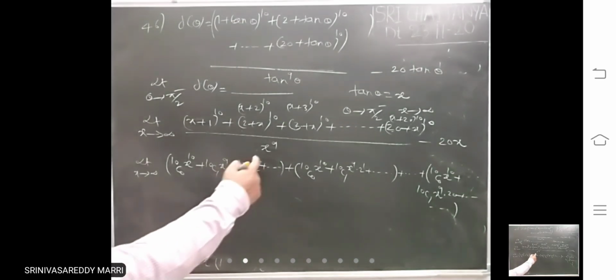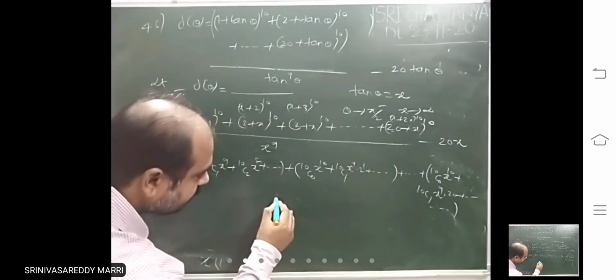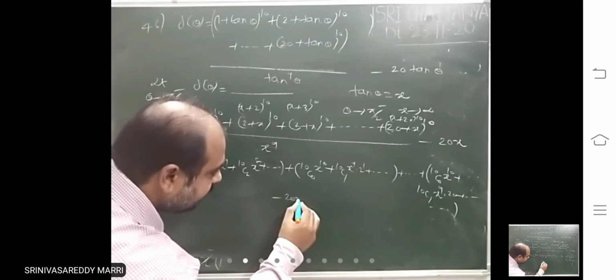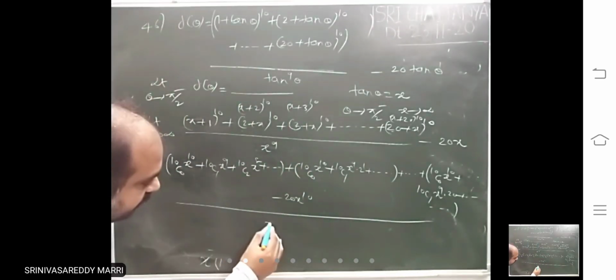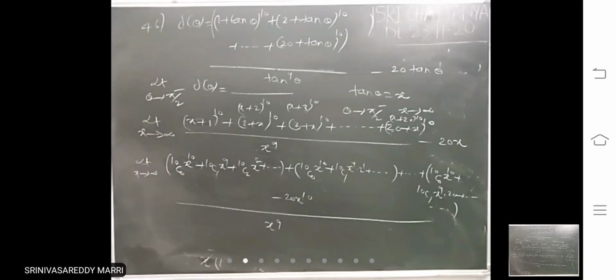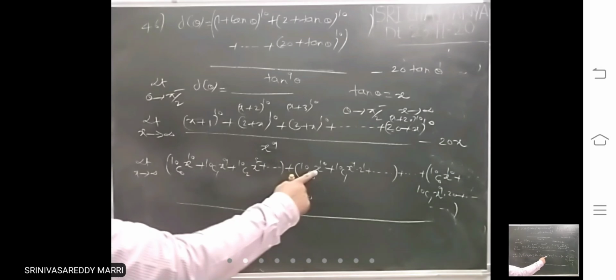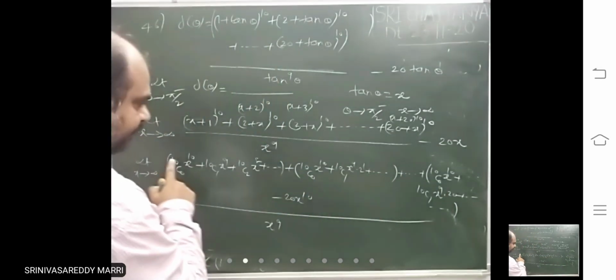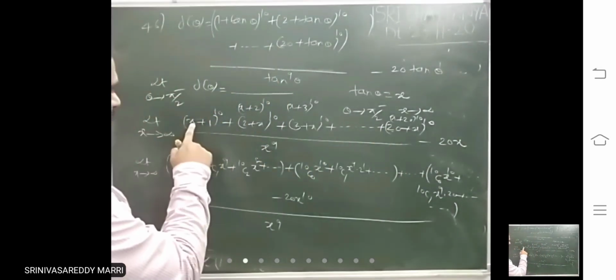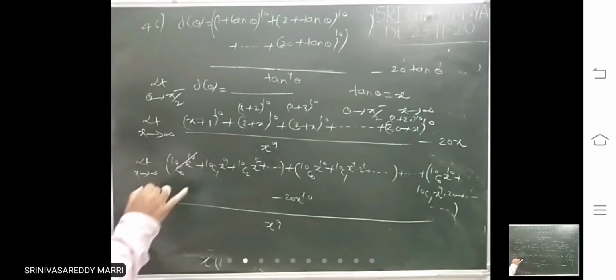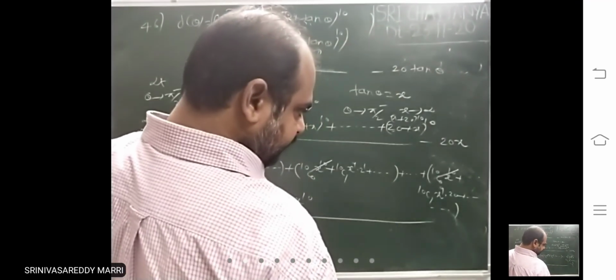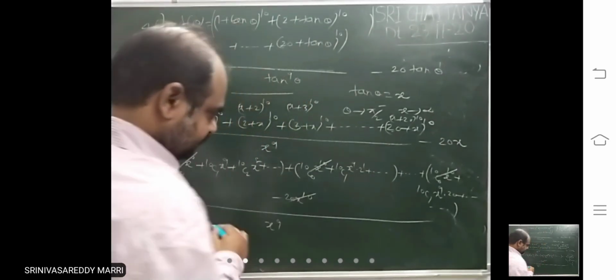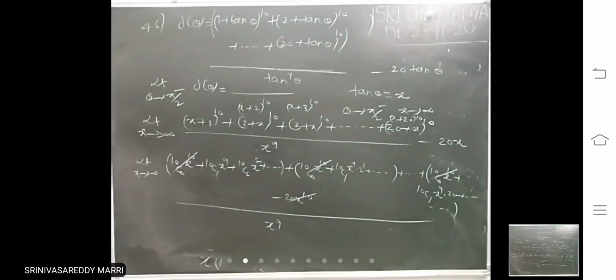If you take the LCM, minus 20x, I have taken the LCM, whole divided by x power 9. Now if you look at this, it is x power 10, x power 10, x power 10. How many are there? 20 are there, 1 to 20. So if you sum 20 x power 10, this 20 x power 10 will get cancelled.